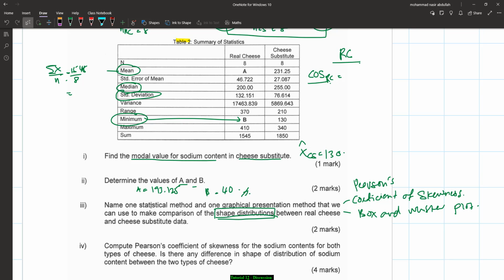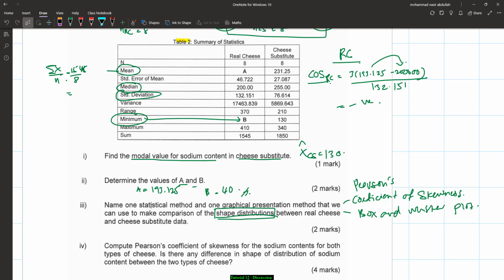So kita ambil 3, mean is for A, RC, 193.125 minus median is 200, right? Divided by standard deviation 132.151. So this is going to be a negative value.